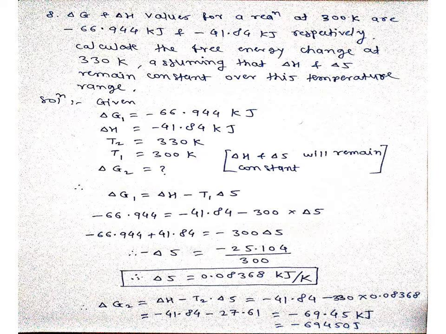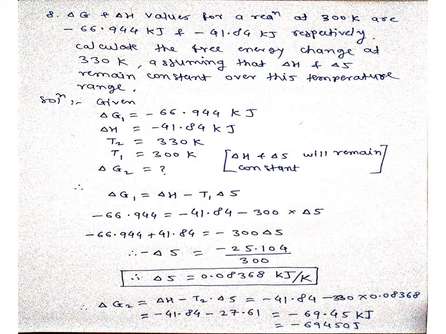Next example, that is example number 8. Delta G and delta H values, that is Gibbs free energy and change in enthalpy values for a reaction at 300 Kelvin are minus 66.944 kilojoule and minus 41.84 kilojoule respectively. Calculate the free energy change at 330 Kelvin, assuming that delta H and delta S remain constant over this temperature range.